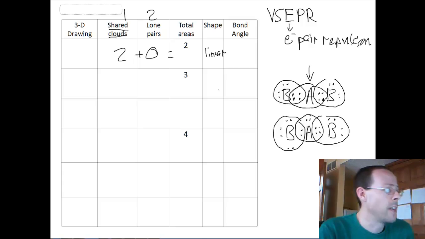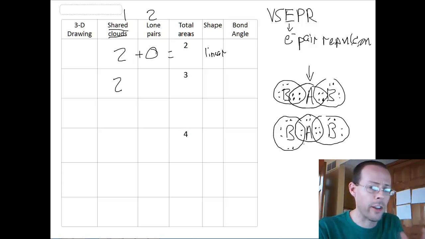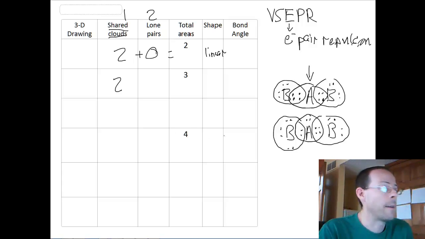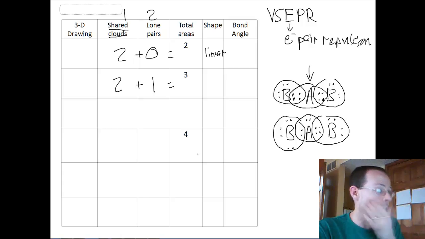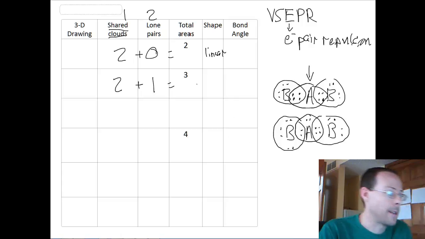Alright, so in this case, shared clouds again, and we're only talking about the central atom. So we have 2 shared clouds. We have one on the left, we have one on the right. They're a single bond and a double bond, but they're still shared on that side. How many lone pairs do we now have around our central atom? We have 1 lone pair. And notice that 2 plus 1 equals 3. Okay? And this is going to be known as bent.